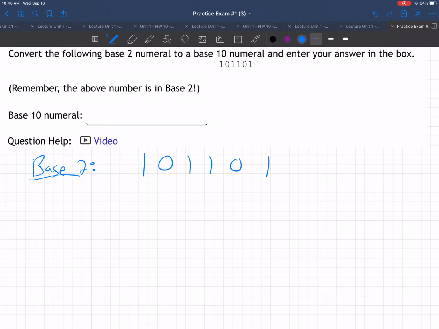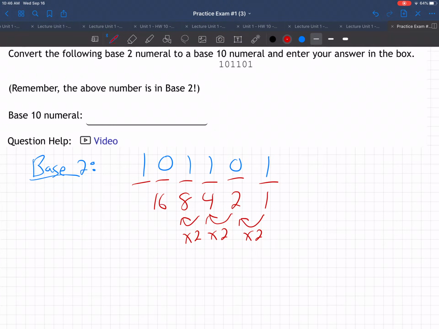Now what does it mean that it's a base 2 number? Well, that means the place values are base 2 place values. This is the 1's place. This is the 2's, 4's, 8's. What am I doing here? I'm multiplying by 2 every time, and this will be the 16's and the 32's.